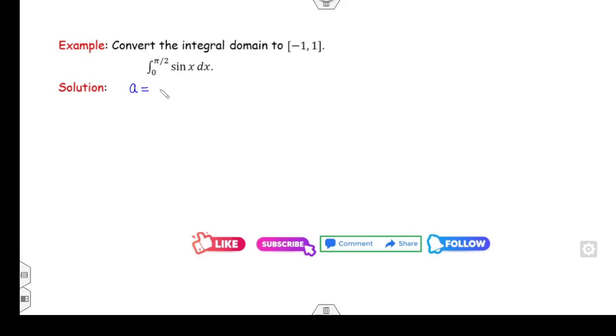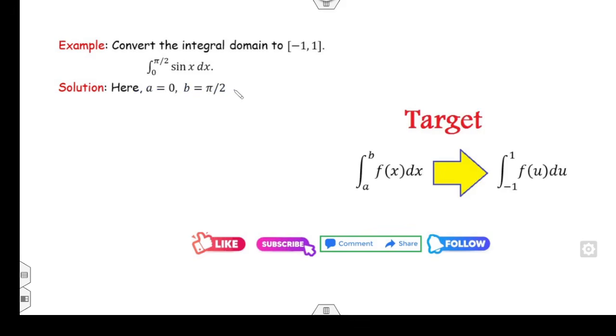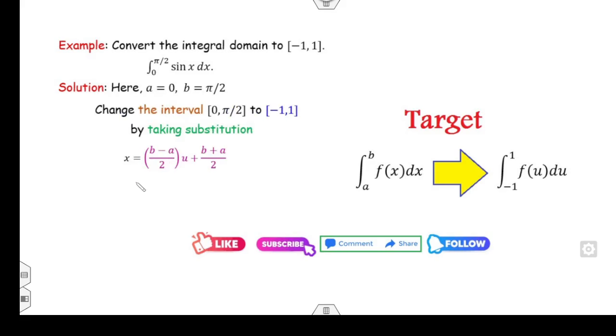Fine. Look at the second one. Again, a is 0, b is equal to pi over 2. My target is to convert the limits to minus 1 to plus 1. Now, how can you apply that? I can use the formula x is (b minus a) over 2 into u plus (b plus a) over 2. So I can substitute the values. What is b? b is pi over 2, minus 0. It's pi over 4 u plus pi over 4.